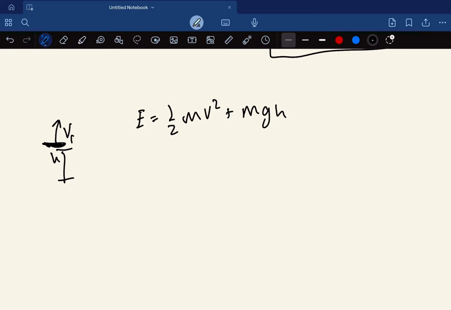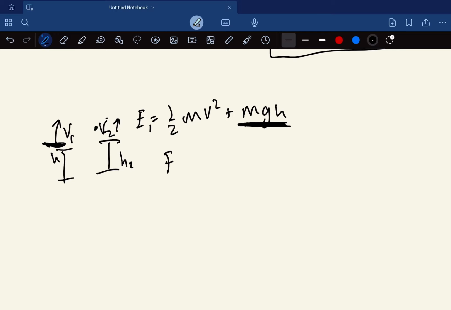So we have E1 equals 1/2 mv1 squared plus mgh1. And then let's say later it is observed to have v2. Let's say this has a velocity v2, which is smaller, and a height h2, which is larger.